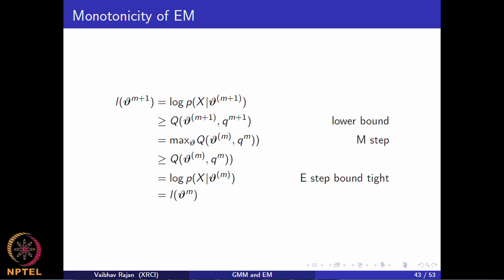So this equality follows. This is the maximum value of Q, maximized over all parameters curly theta, and by definition this is greater than the Q at any other parameters, and because the E step bound is tight, this is equal to the likelihood of the previous step.